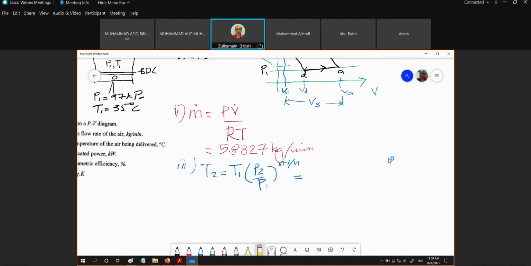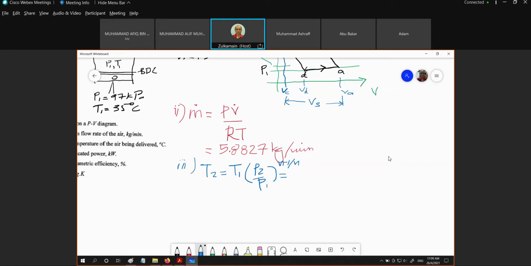Can you calculate for me the value of T2? 216. The question asks for Celsius, right?